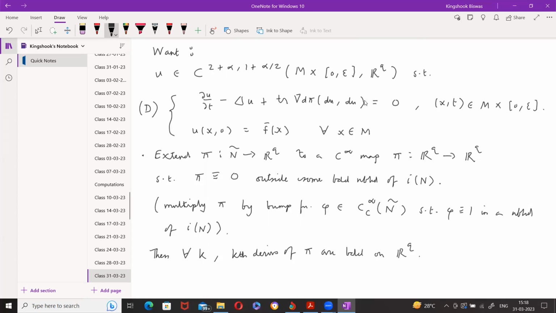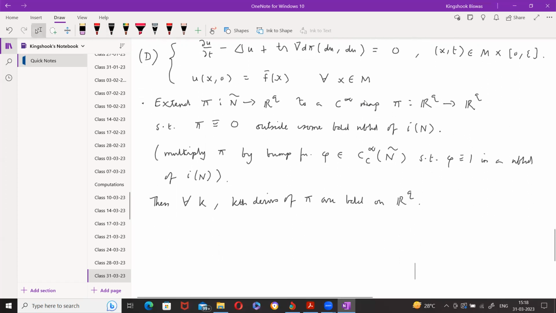So now we can define an operator, right? This is going to be a map between Holder spaces. So my pi is globally defined now.